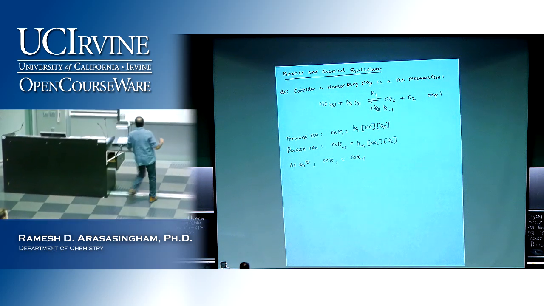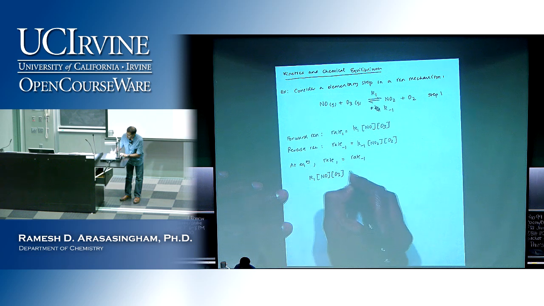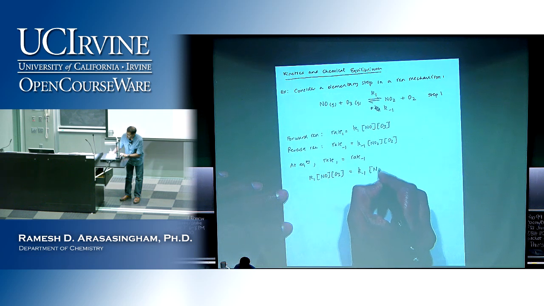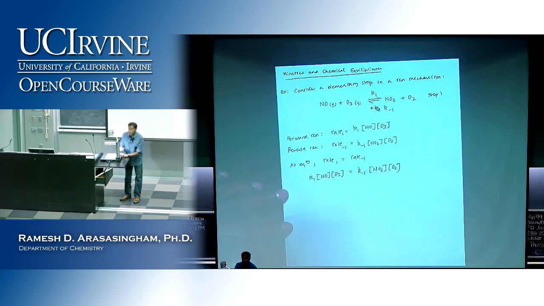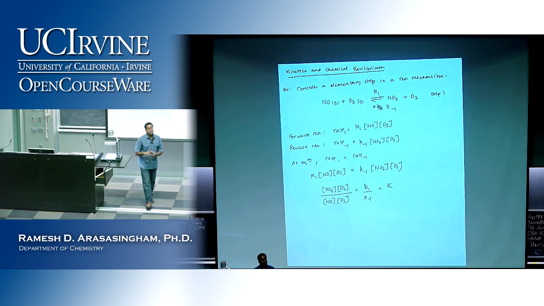So because rate 1 equals rate negative 1, I can say K1 times NO times O3 equals K negative 1 times NO2 times O2. And if I rearrange this equation, you can see that the concentrations of the products raised to the power of their coefficients divided by the reactants raised to the power of their coefficients really equals the ratio between the rate constants, which is actually the equilibrium constant.